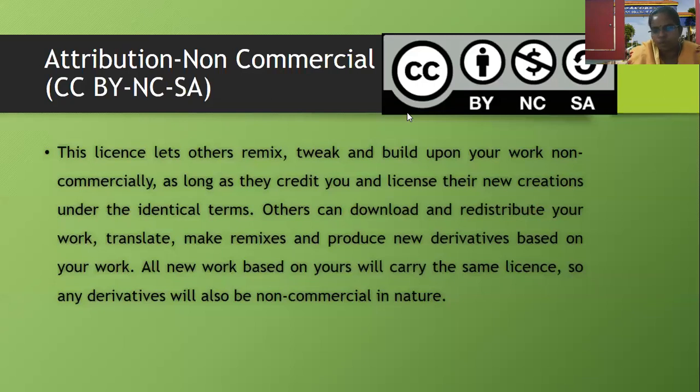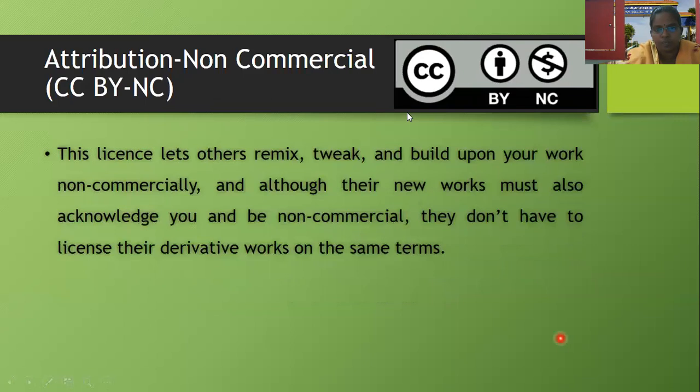Others can download and redistribute your work, translate, make remixes, and produce new derivatives based on your work. All new works based on yours will carry the same license, so any derivatives will also be non-commercial in nature.